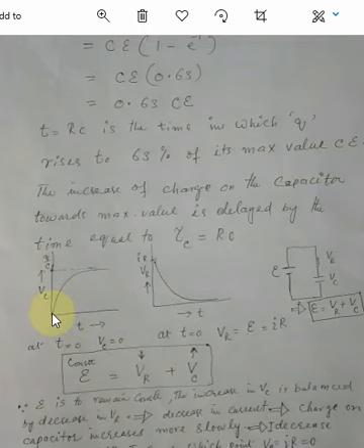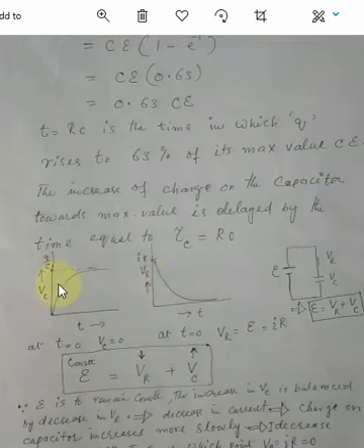That is, if one voltage is rising with time, the other must decrease so that the sum remains equal to the constant E. Okay, so at any time t, let's say this is the time t equal to 5 seconds, the VC has increased to this much value, but in the same time t, over here, the VR has decreased to this much value.